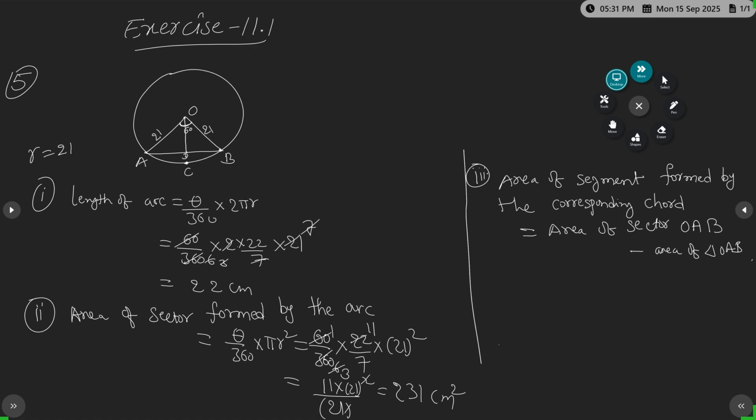Here triangle OAB is an equilateral triangle. We know the formula. Area of equilateral triangle formula is root 3 by 4 a square.